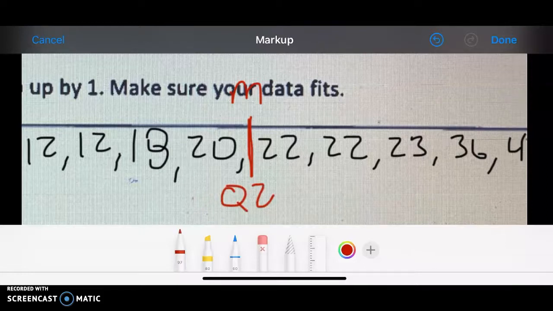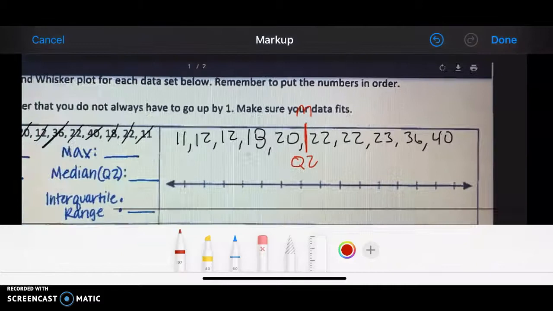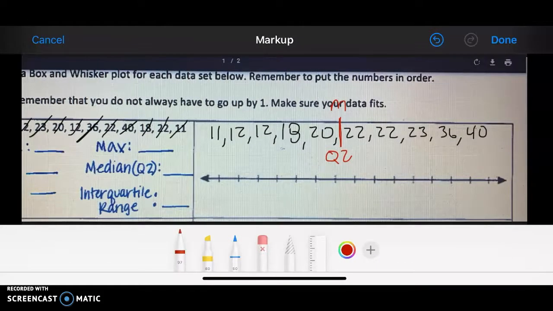Quartile meaning quarter. All right, now right now it's a half, but we're about to find some other things also. So now we have a lower half and we have an upper half, meaning just the numbers to the left are lower, the numbers to the right are higher or upper numbers.